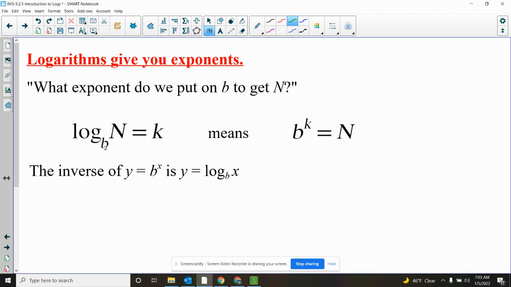What exponent do I put on b to get n? Well, if it's k, then b to the k power equals n. And this is tying up our discussion of inverses now. So y equals b to the x has an inverse of y equals log base b of x. So just like add and subtract undo each other, exponentials and logarithms undo each other.